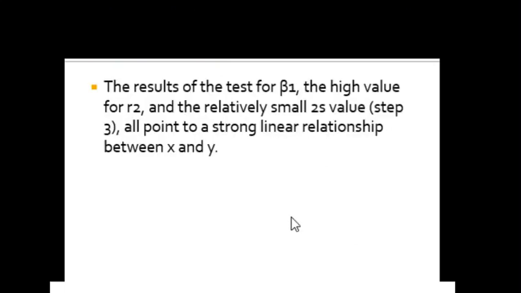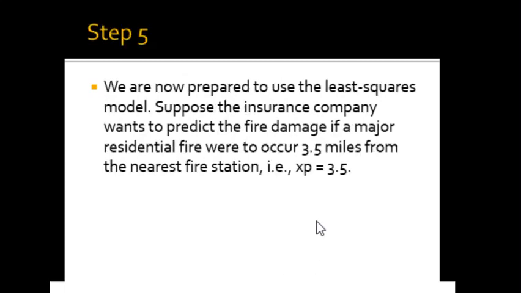Okay, so now if we look at what we have so far, we have a significant beta 1 value. We have a high value of R squared. All the assumptions are met. So we have a pretty strong linear relation between X and Y. Based on this, we can use this model to now predict the fire damage based on the distance from the fire station.